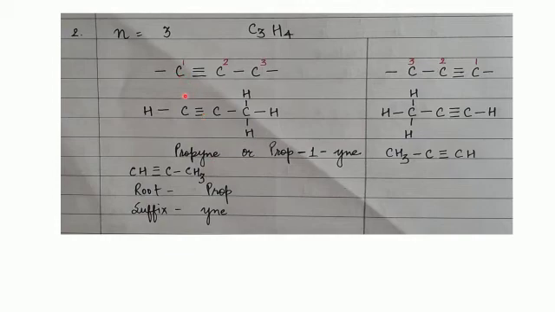Here we have the triple bond between carbon atoms 1 and 2. We can see it here, 1 and 2. Out of this, we will select the smaller number, that is 1. And we can give the name 1-propyne or simply propyne. Or we can even write prop, that is the root word, then 1, the number, and then YNE, indicating the presence of the triple bond, which is used as a suffix.